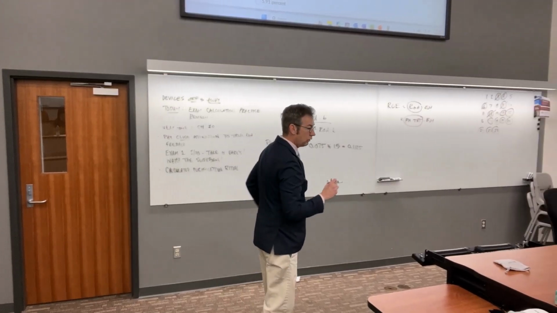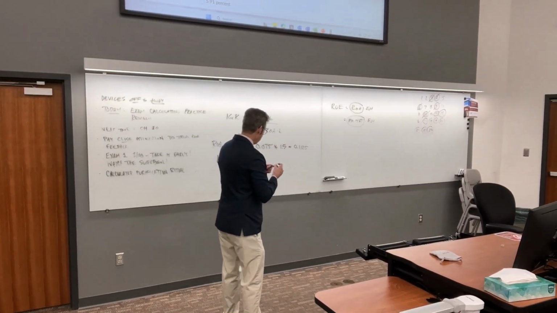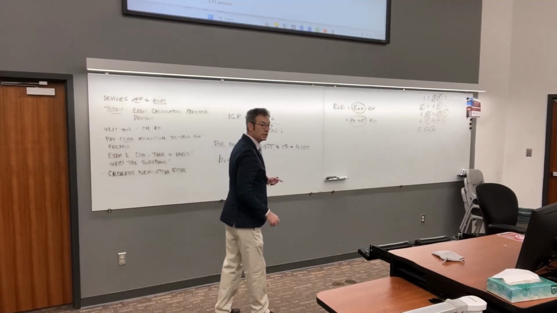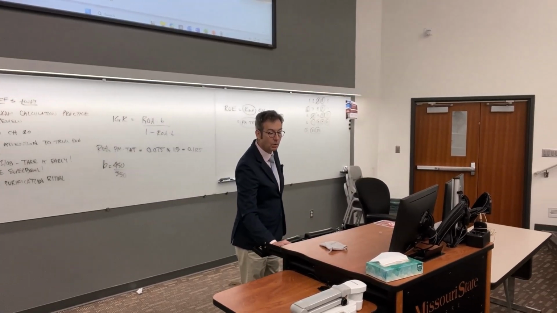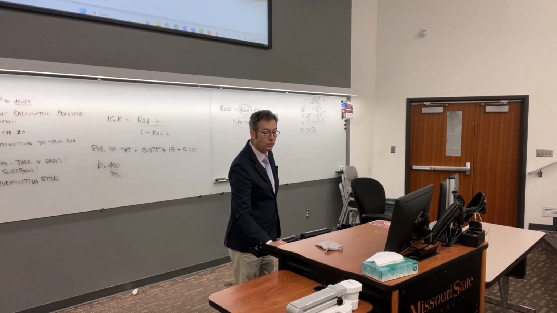Okay, so 450 divided by 550. So here's what I'm going to do. I've already got this number right here in my calculator. I'm going to multiply that by 450, and then I'm going to divide by 550.